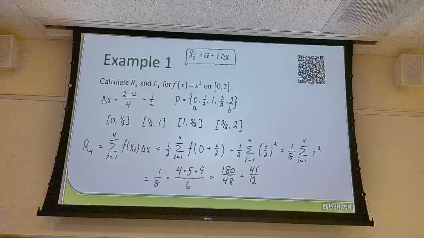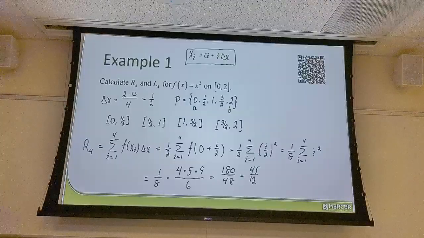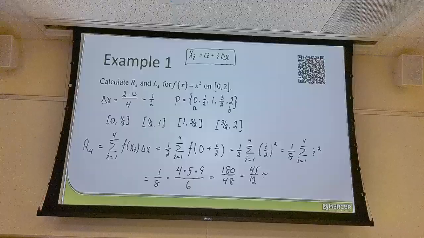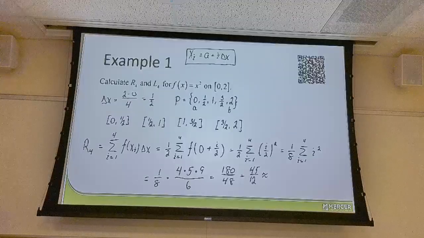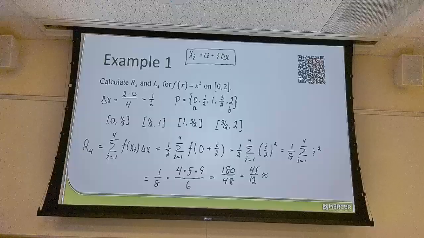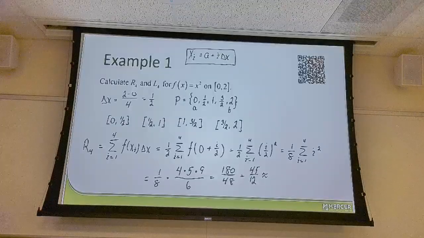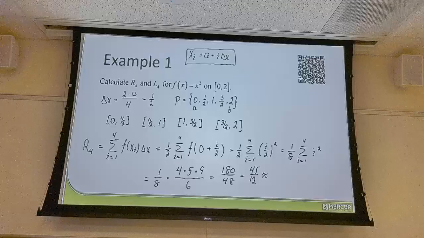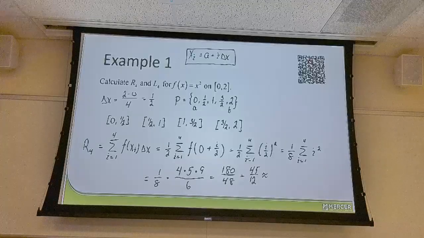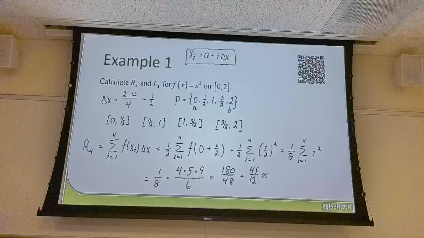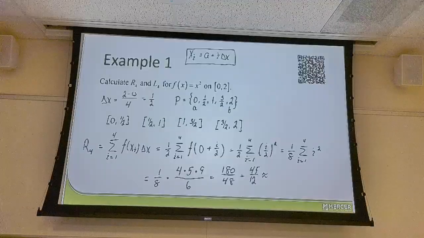Generally, though, since this is giving an approximation, we don't want exact. We want a decimal approximation, because the whole point of this is approximating, right? So what is 45 over 12? 3.75. Wait, sorry, I can do that.